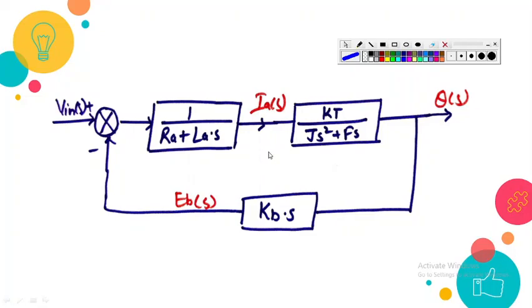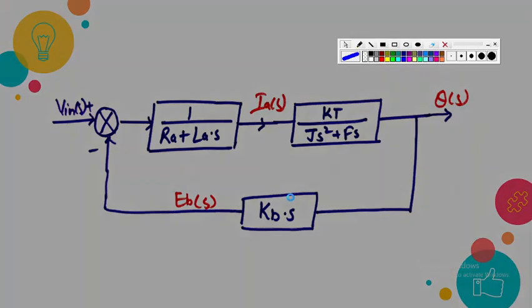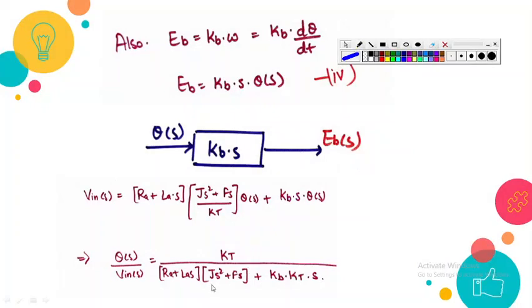So just find out what is the overall transfer function that you are getting from this block diagram, and whether that value and this value are the same or different. If they are the same, then you can easily justify.